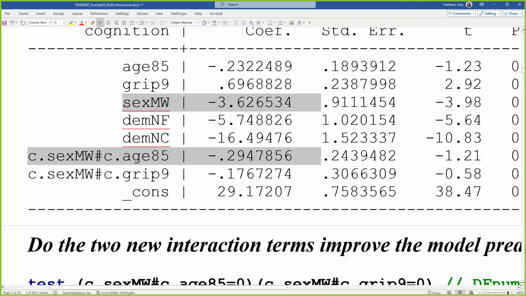More positive, less positive, more negative, or less negative? More negative. So is the gender effect bigger or smaller in older people, according to these values? It's bigger. More negative or more positive means it's bigger. So age exacerbates the gender gap.